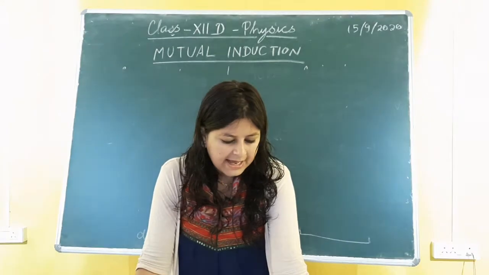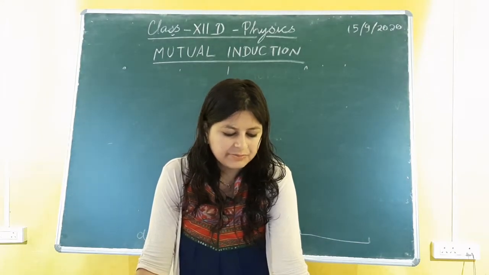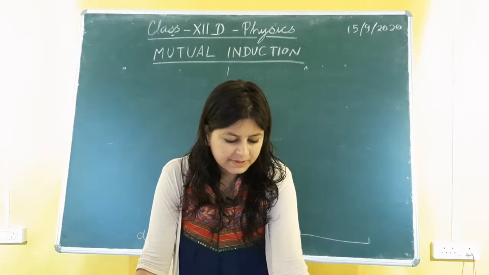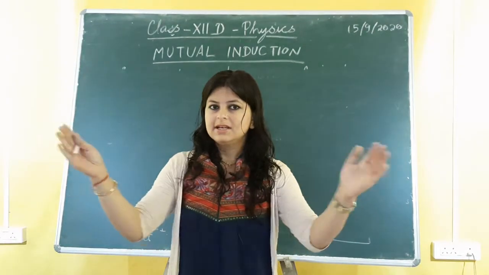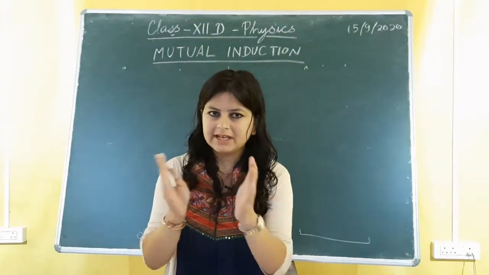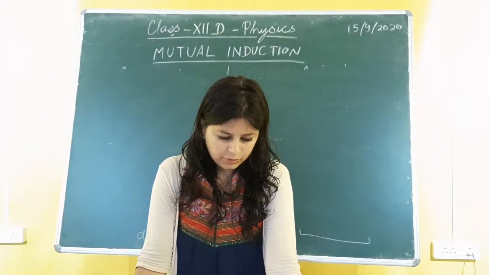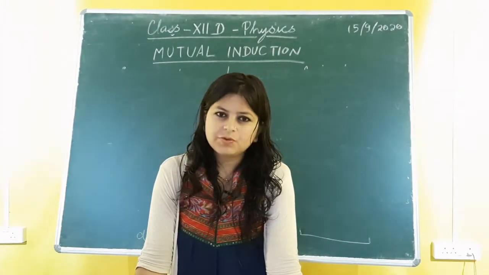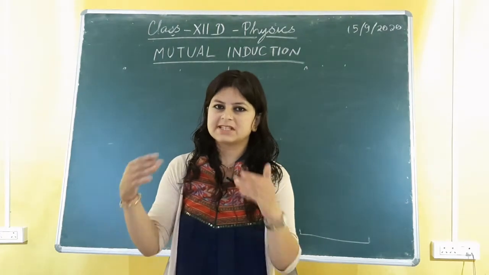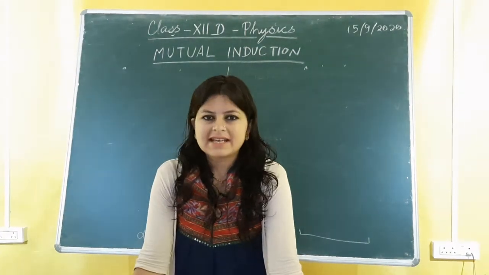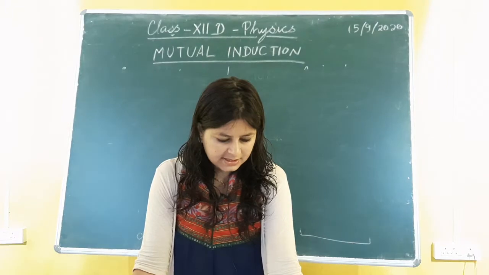And the second factor is that the mutual inductance of two coils also depends on the distance between the two coils. If they are far apart, M will be less. If they are close to each other, M will be more. And the orientation of the two coils, how you place the two coils with respect to each other, that also will decide the value of M for the two coils.